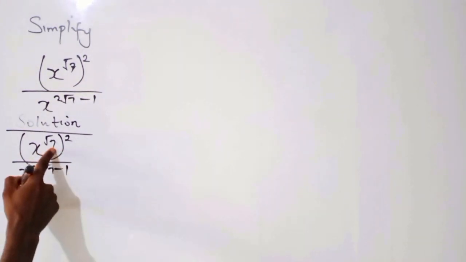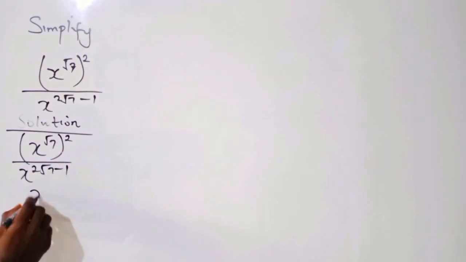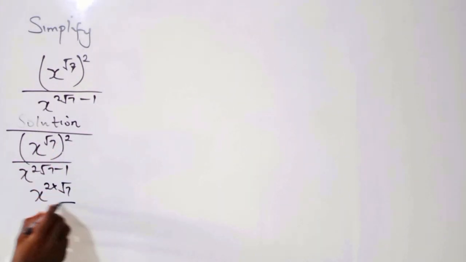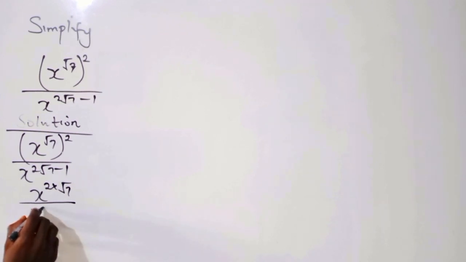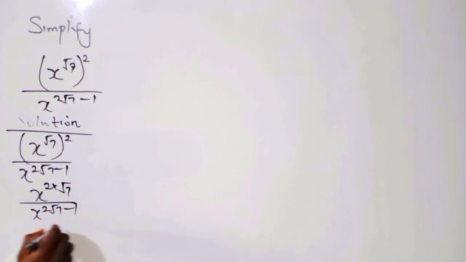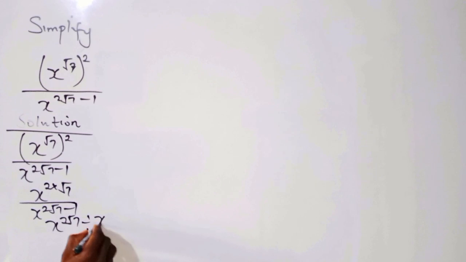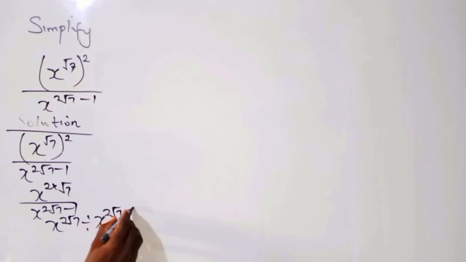From here we can apply the exponent rule, so we have x to the power 2 times root 7, which is 2 root 7, divided by x to the power 2 root 7 minus 1.